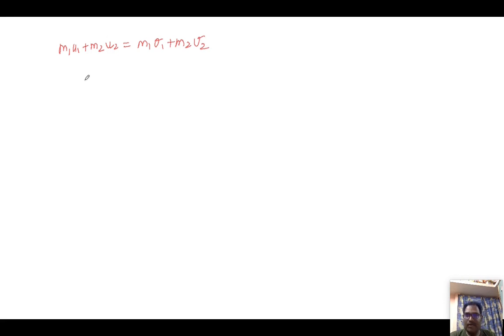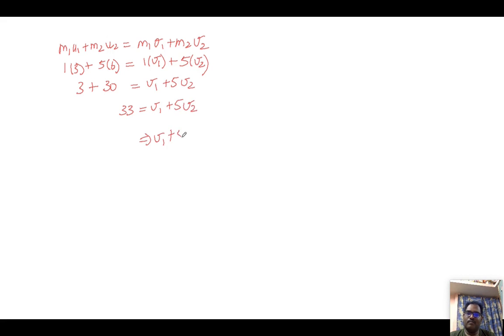Let me fill in the values. 1 into 3 plus 5 into 6 is equal to 1 into v1 plus 5 into v2. So this is 3 plus 30, or 33 is equal to v1 plus 5 v2. So v1 plus 5 v2 is equal to 33.